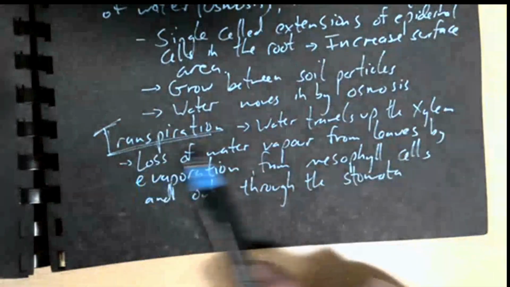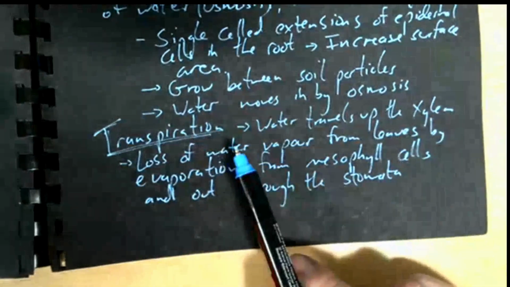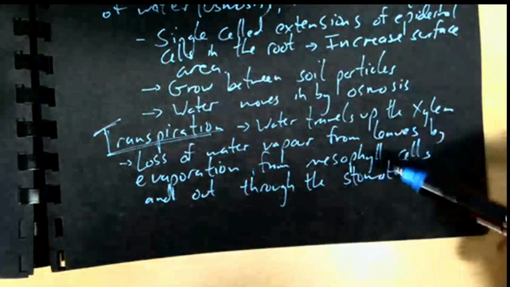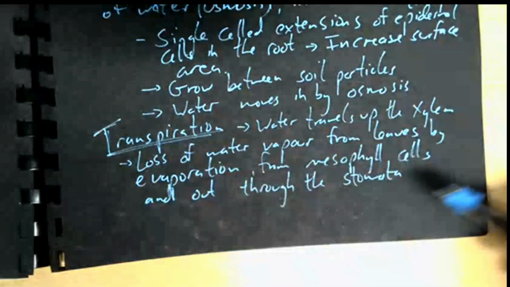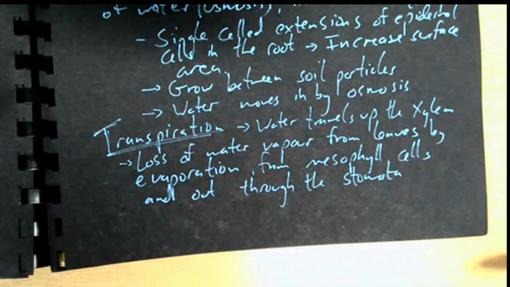So here's our little definition: loss of water vapor from the leaves by evaporation. This evaporation is occurring from the mesophyll cells out into those air spaces and then as water vapor out through the stomata.